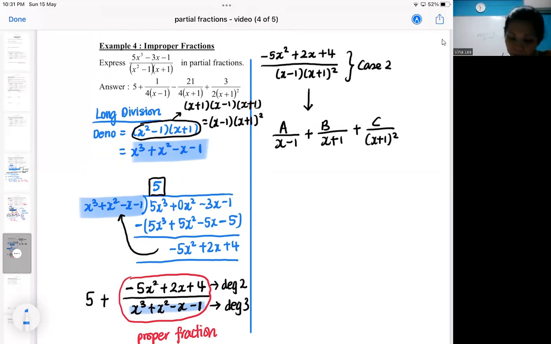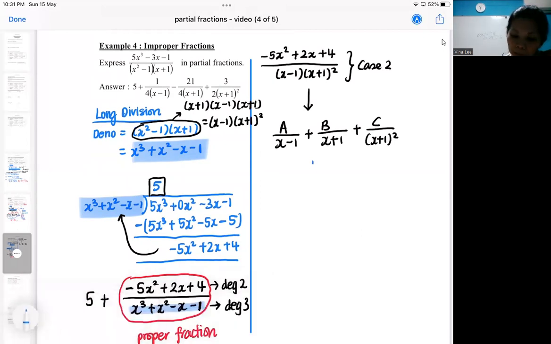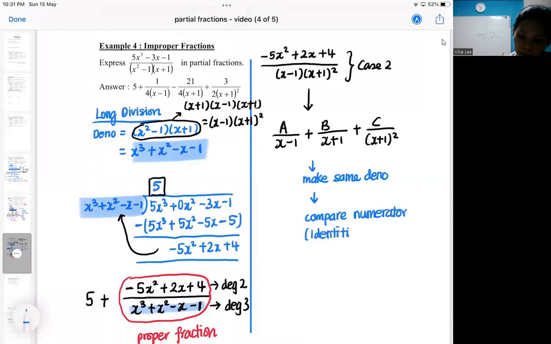So do you still remember the steps? After it is a case 2, you got to make same denominator. Compare the numerator. That becomes your identities.